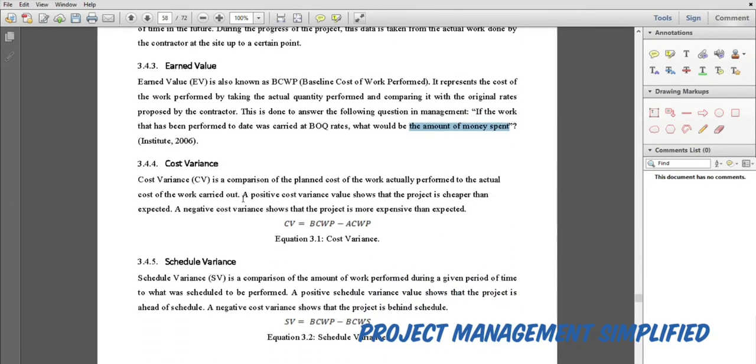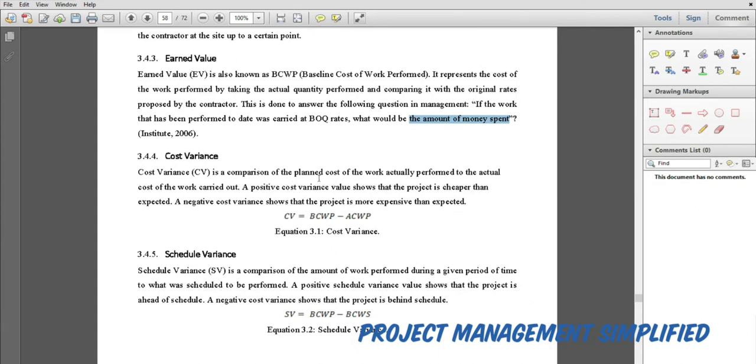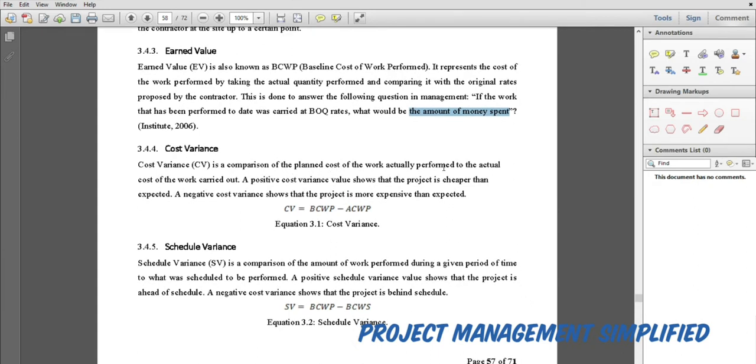So the cost variance, which is called CV, is a comparison of the planned cost of the work actually performed to the actual cost of the work carried out. That means we want to know the difference in cost between the actual and the planned.